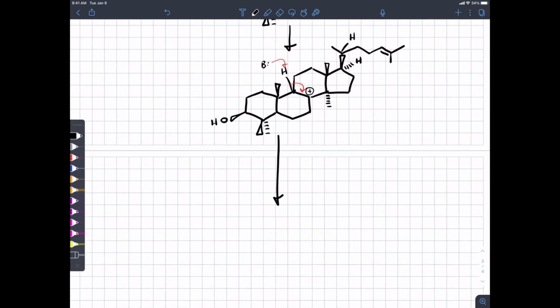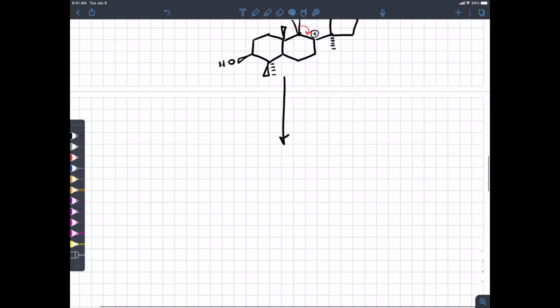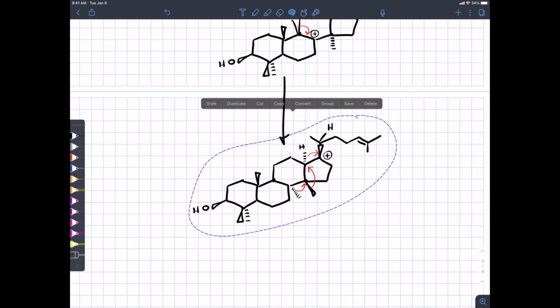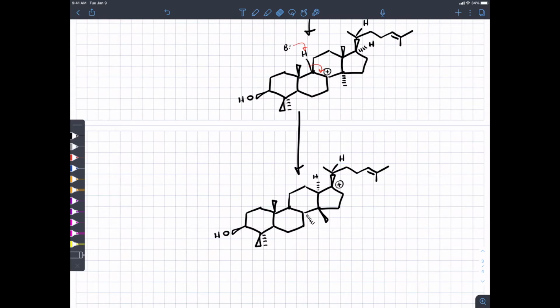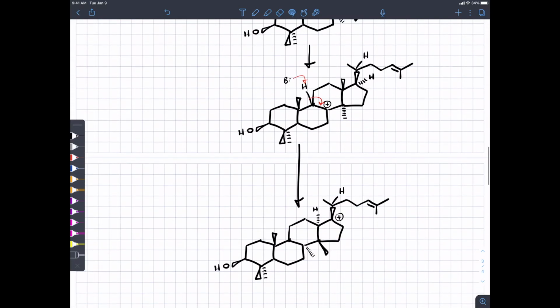Now you could ask, why don't the 1,2 hydride shifts continue? How would I know to stop? Well, you don't. And so we're not asking you to predict that this happens, just be able to explain how it happens given that it does.